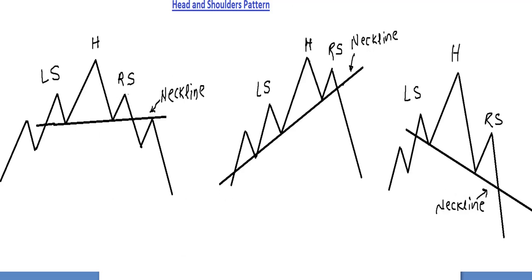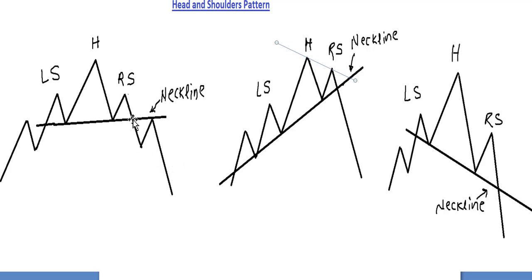Now when I join these two highs using this trend line, I get what is called a triangle pattern, right? This is a triangular pattern. So we can get two chances to enter in the Head and Shoulders pattern.